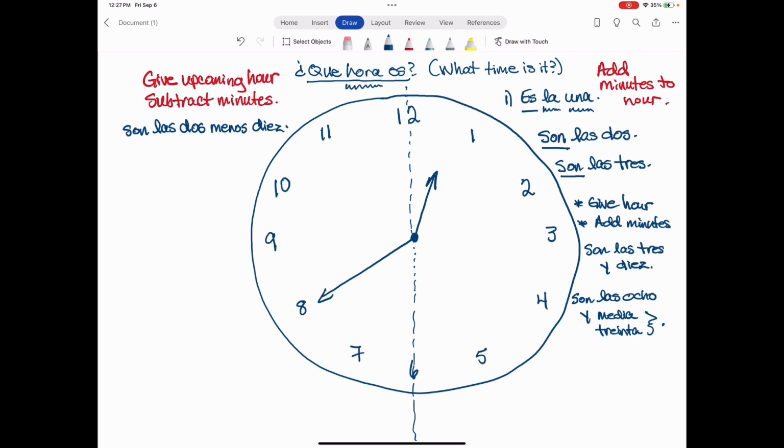So you're going to give the 1 o'clock and then subtract the 20 minutes. You will say es la 1 menos 20.